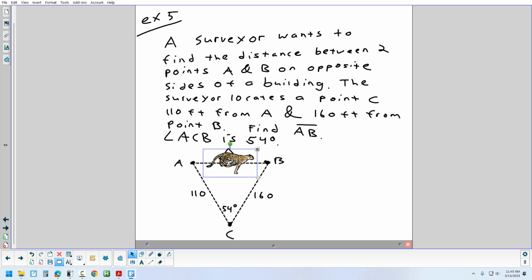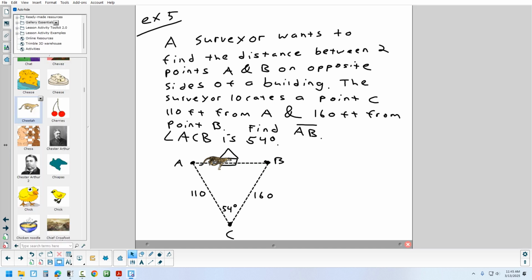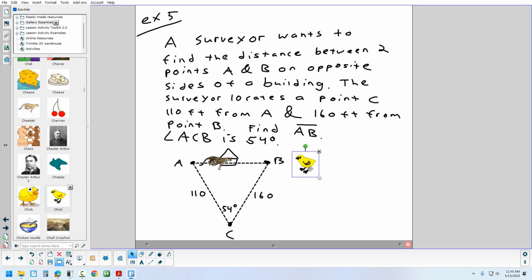And if we try to measure the distance between the two houses, the wild cheetah is going to get very upset. And we don't want to get upset. And the other thing that's also guarding the two houses is a chicken.